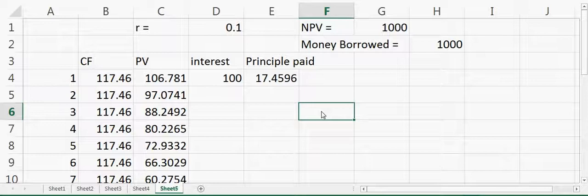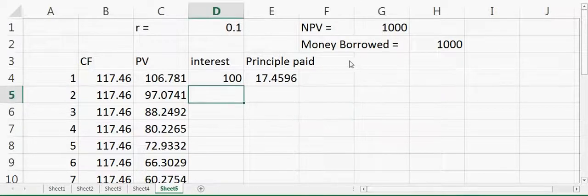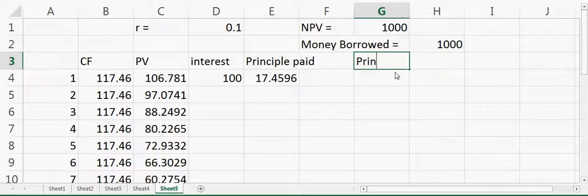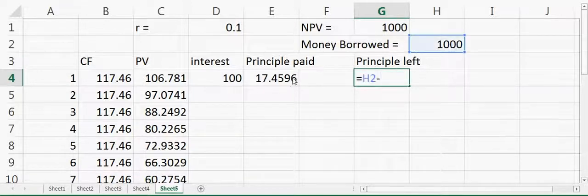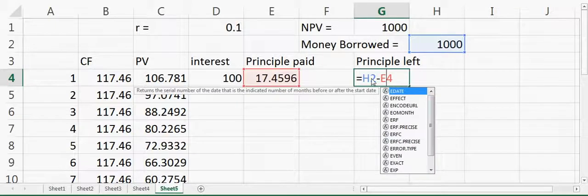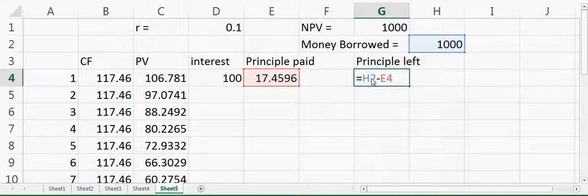Next year the principal left will be equal to money borrowed minus principal paid, right? So now this is the principal left.